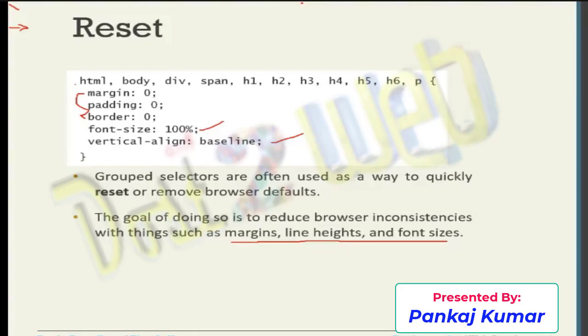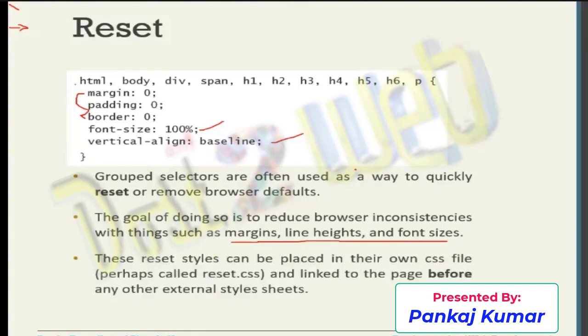That means browsers support a default font size, margin, padding, vertical alignment and everything. That means it will be set by the browser by default. So this is the goal. By default, it will be there.